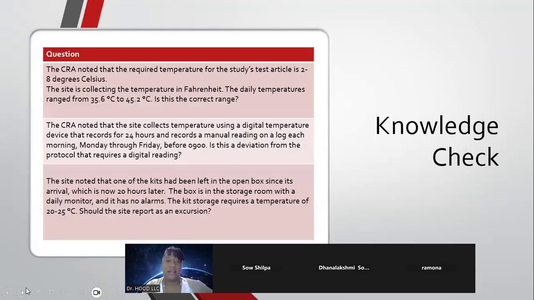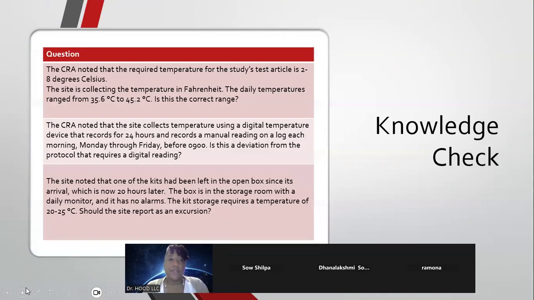Okay, knowledge check. You're probably going to have to get your phones out for Google. We have 3 dealing with this. Okay, so the CRA noted that the required temperature for the study's test article is 2 to 8 degrees Celsius. The site is collecting the temperature in Fahrenheit.